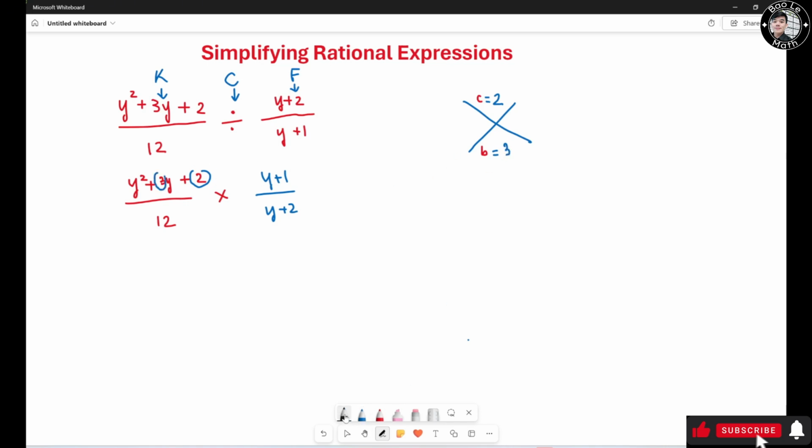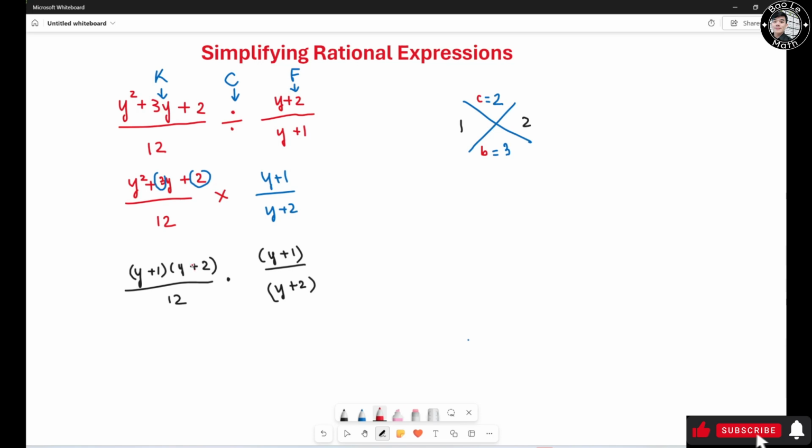Now I need to find two integers that multiply to 2 and add up to 3, which is 1 and 2, right? So the numerator right here can be factored as y plus 1 times y plus 2 over 12 multiplied by y plus 1 over y plus 2, right?